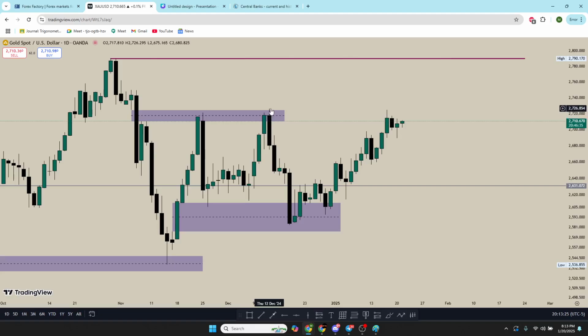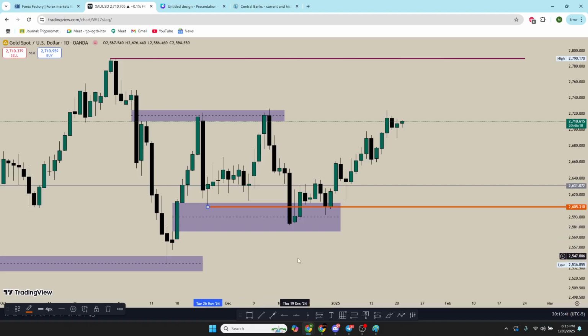Once here, take out this high, then a deeper discount, into this balance price range, but just deeper into the fair value. Take out some sell stops, which was here, and now price is continuing higher.